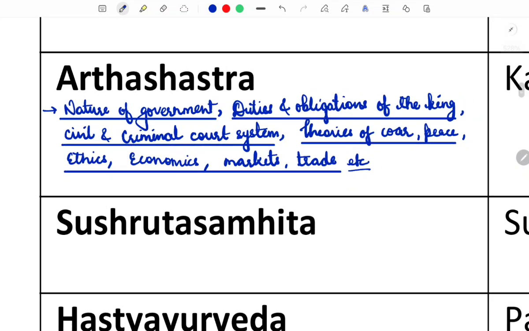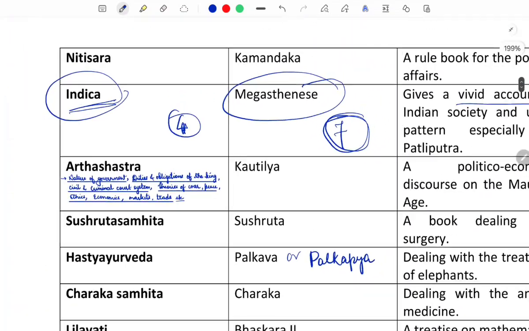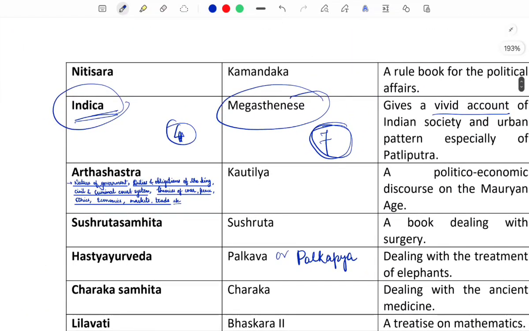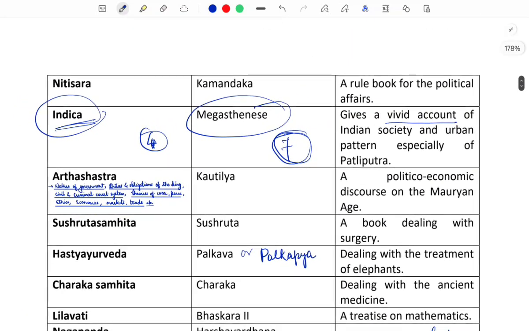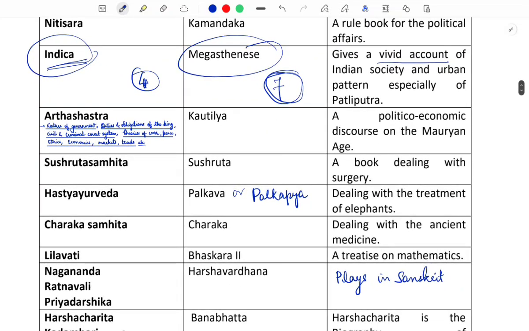All of these things were the subject matter of the Arthashastra. So it was encompassing the disciplines, encompassing the domain, and Kautilya has given a lot of moral obligation to the king as well. So this was a politico-economic discourse of the Mauryan age.